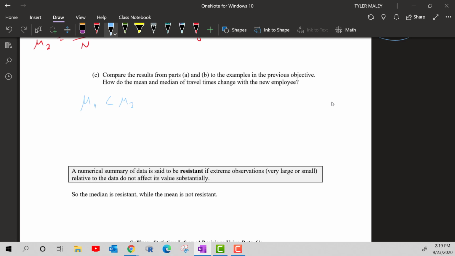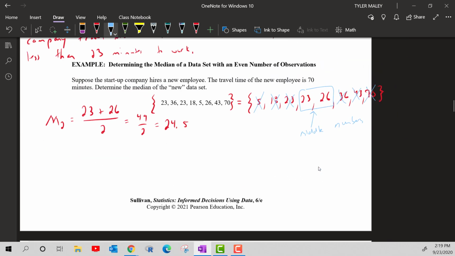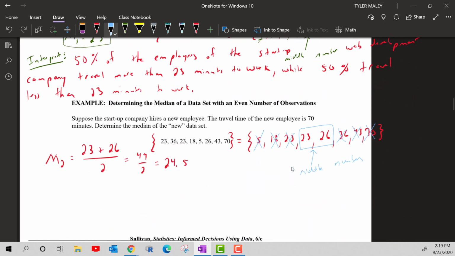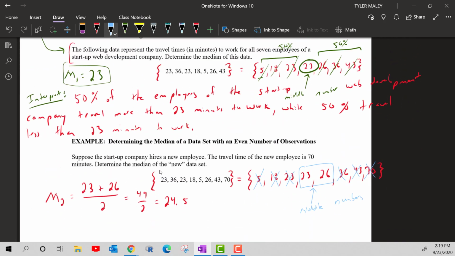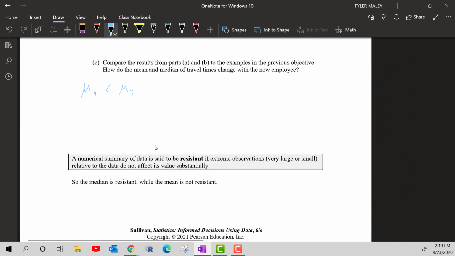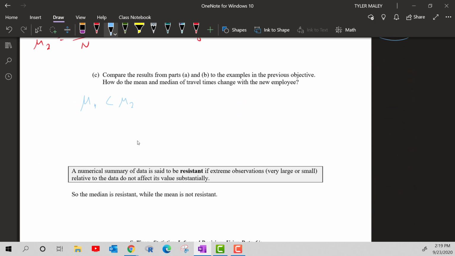But if we compare the medians from before, the median was at 23, and now it's at 24.5. So it didn't seem to change as much. So what we could say is that adding the 70, the largest value, pulled the mean higher.